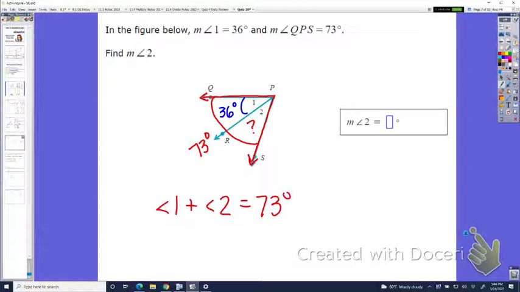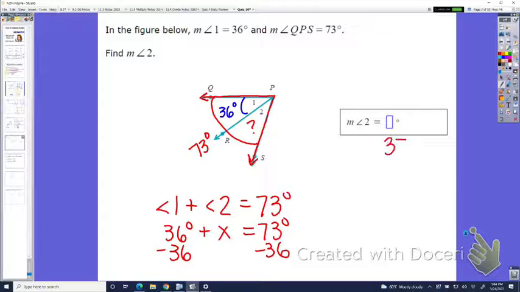Well, we already know angle 1 is 36, so we're trying to find out what angle 2 is to get 73. So you would just have to subtract 36 away from 73, and you'd get angle 2 is 37 degrees. And you can double check 37 plus 36, that does equal 73.